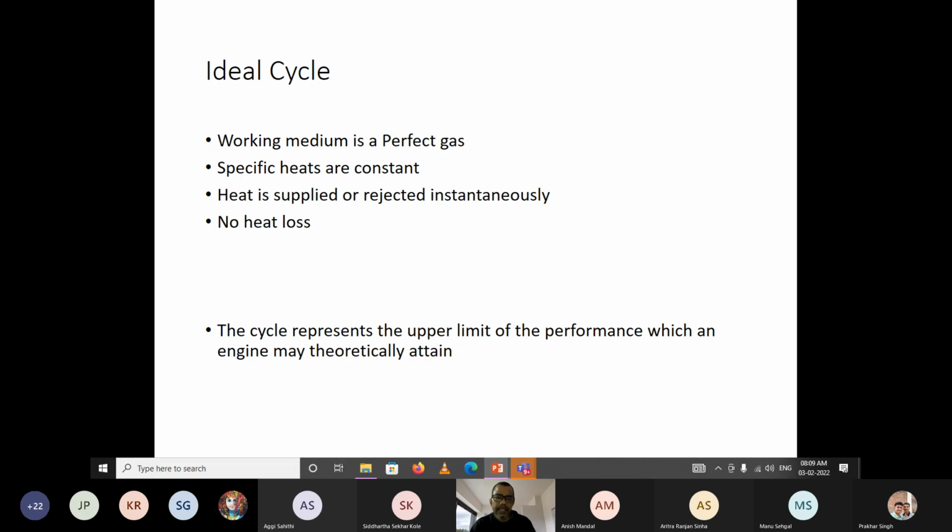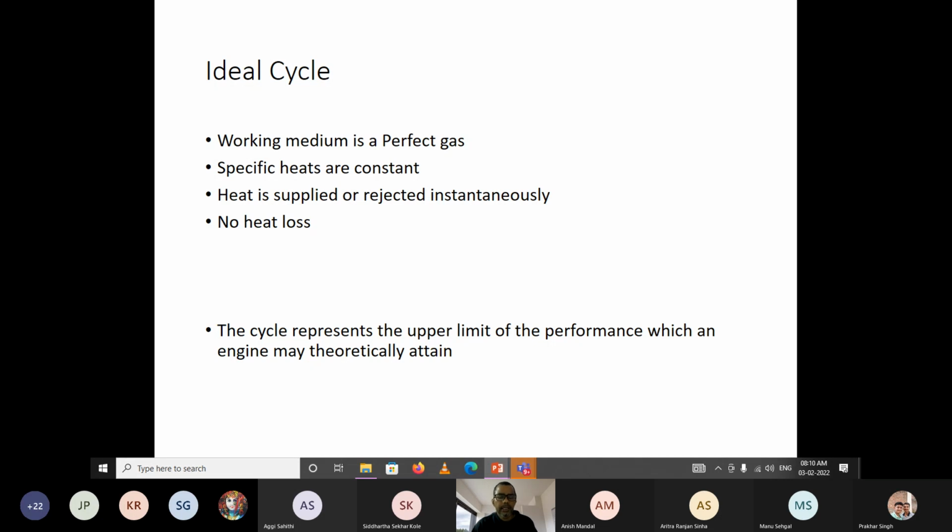Working medium is a perfect gas, specific heats are constant, heat supplied or rejected takes place instantaneously, and there is no loss of heat to the surroundings. So whatever the cycle represents, when we calculate the performance of the cycle, it represents the upper limit of that cycle. Theoretically, it may not be possible to obtain it.